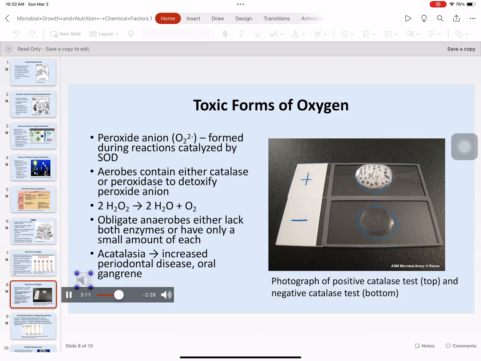So organisms like Clostridium botulinum, the cause of botulism, are obligate anaerobes because they can't detoxify the toxic form of oxygen.